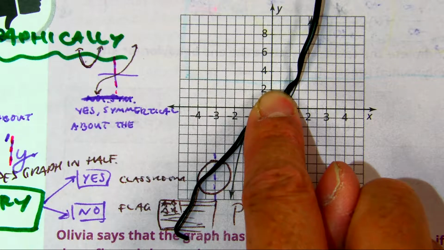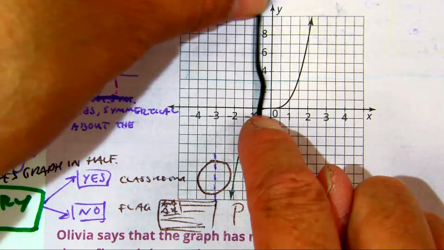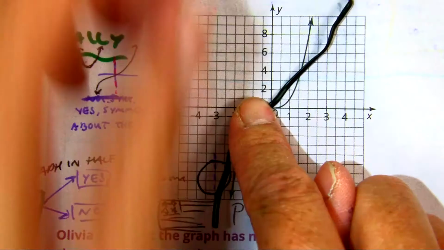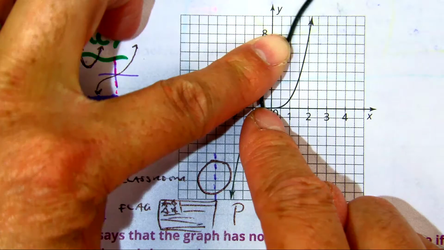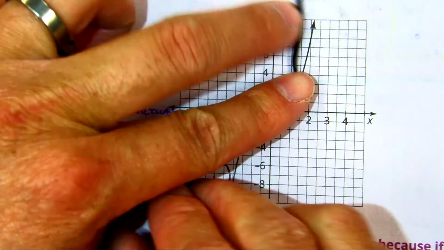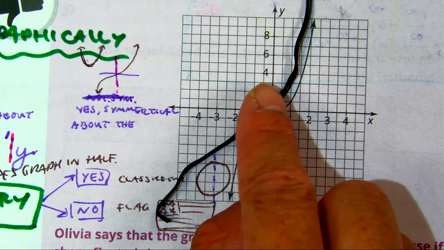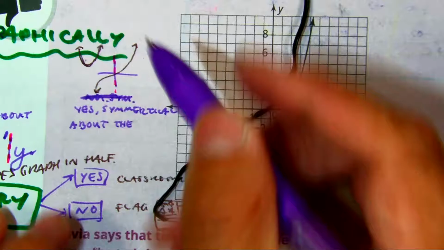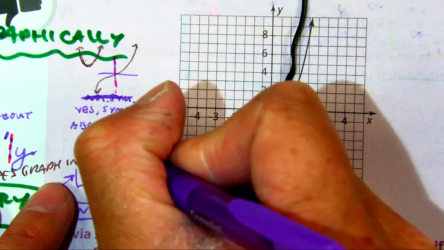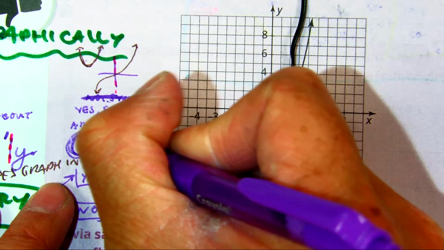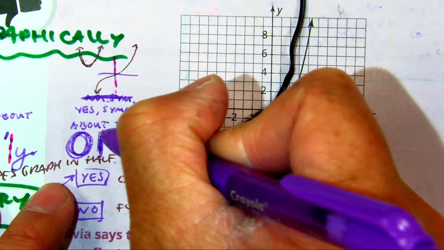The origin. If I rotate it about the origin, do I get my same graph? Yes. How many degrees did I rotate it? I went a whole circle? If I rotate it 180 degrees about the origin, yes, symmetrical about the origin, then it is called an odd function.